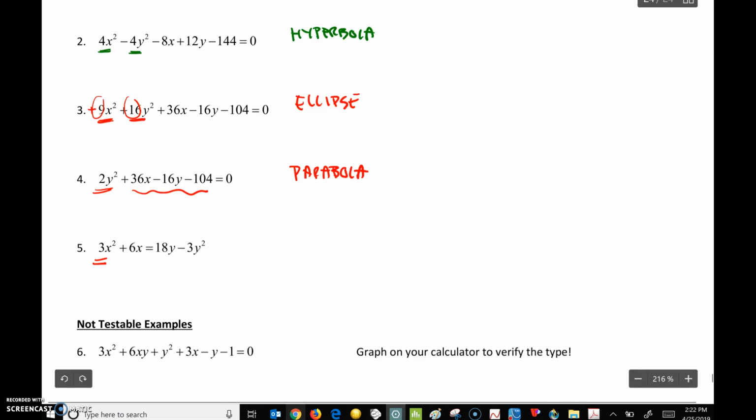Got an x squared and a y squared. Now you might say, well, they have opposite signs. Look, they're on different sides, but we have to get them on the same side. Really doesn't matter about the rest, right? So they're both the same sign and they're both the same number, so that would be a circle.